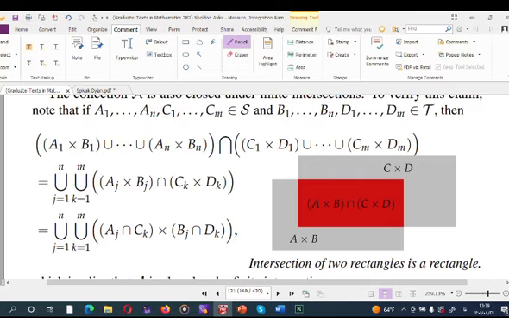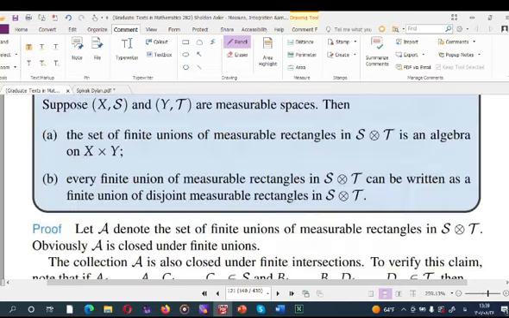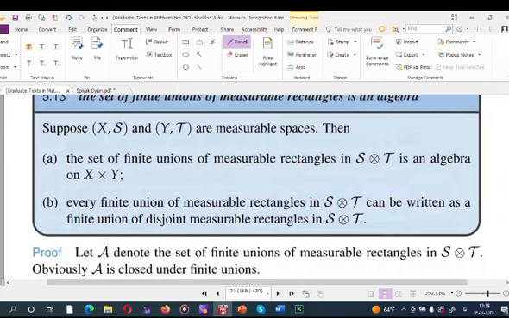So if we consider any two elements of A, please note that we denote A for the set of all finite unions of measurable rectangles, okay?